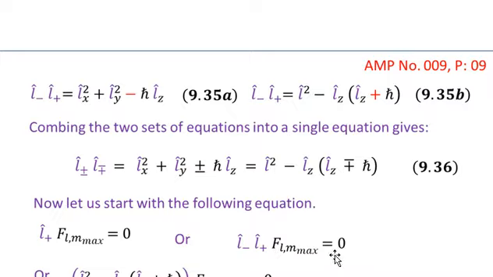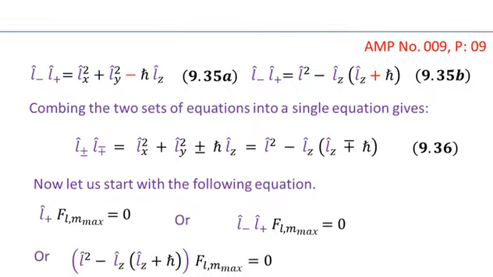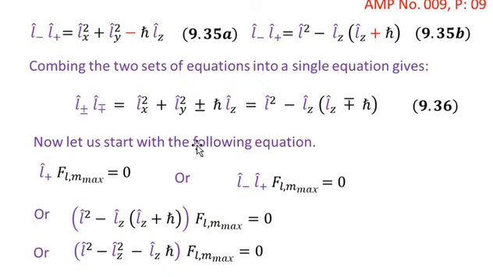Now let's start with the following equation, because we are going to get some more useful form. So you know that the raising operator operating on the maximum state, the eigenstate of the function f, will produce 0. And if you multiply this eigen equation on the left hand side by L minus, you have this equation which is shown over here.